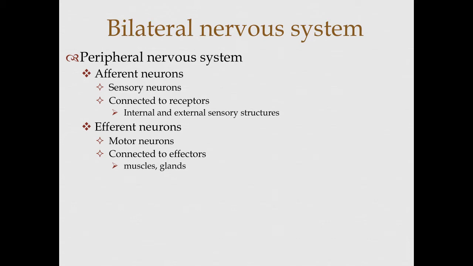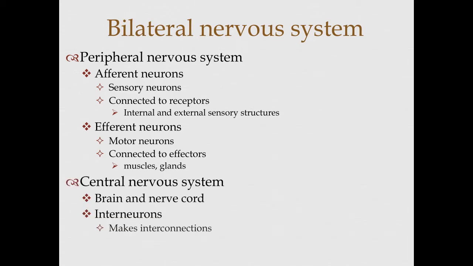Information from the afferent neurons is then taken to the central nervous system. Once the central nervous system processes this information, then it sends a signal back through the efferent neurons or motor neurons. These connect to effectors, muscles, glands, so they tell the body how to respond to the information that was received from the sensory neurons in the afferent nervous system.